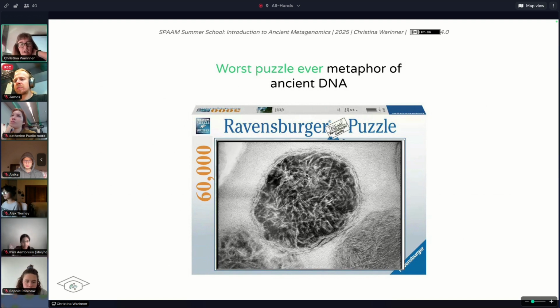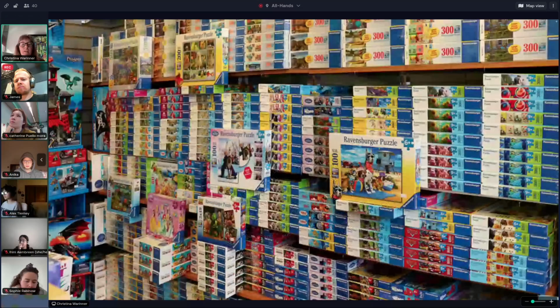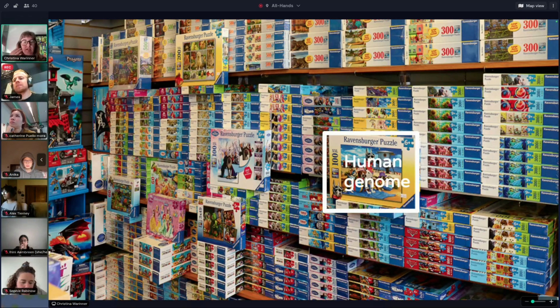Now that's bad enough, but because we're working with metagenomes, we never actually have a pure single genome to work with. Instead of working with one puzzle, we have to work with lots and lots of puzzles. So let's use this puzzle metaphor. Imagine you have a piece of paleofeces from the past. That paleofeces will include a number of different things. It might include the human genome.